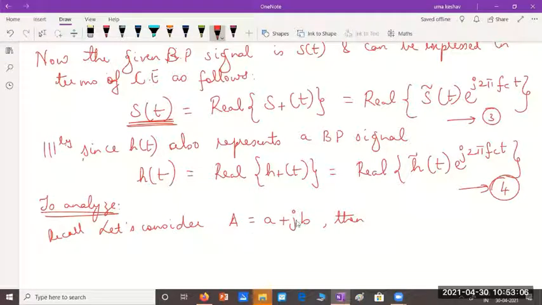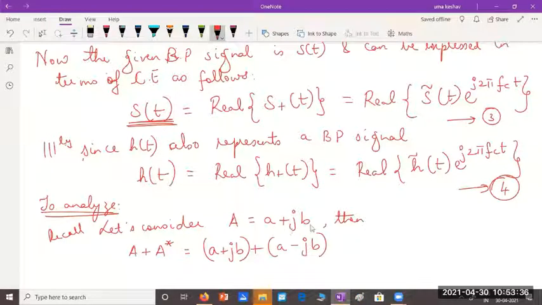We know if a signal is complex in nature, it has real and imaginary parts. Then if I add the signal to its conjugate, what is the conjugate of the signal A plus jB? I hope you know complex conjugates. You have used it so many times.